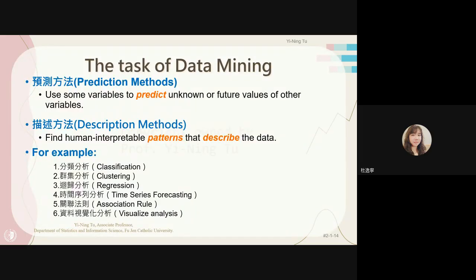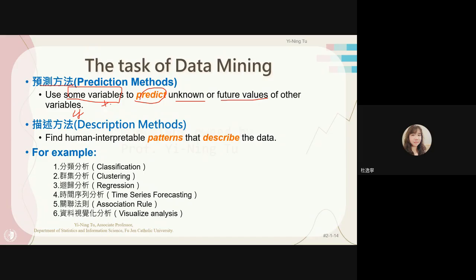So we mentioned before, predictive models. The task we want to do first, we want to predict the data. Use some variables to predict unknown or future values of other variables. So we want to use some x independent variables to predict the unknown future values of other variables. This is maybe our y here. So this is predictive learning.